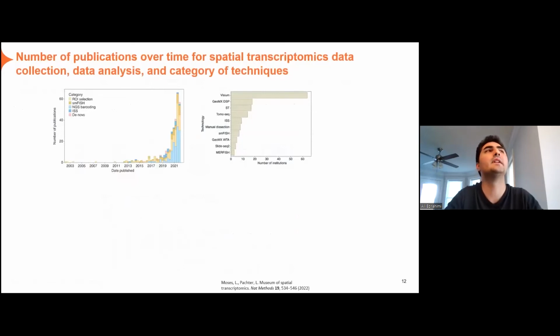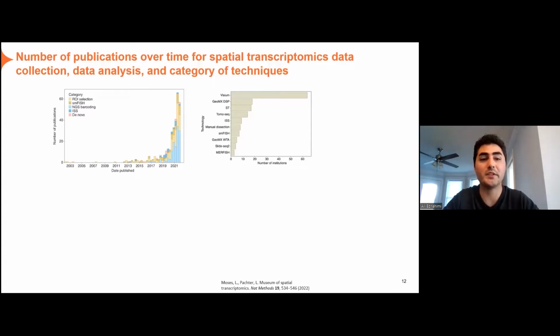In terms of how widely each of these technologies is used, 10x Visium is obviously the next generation barcoding method that is mostly used, and many institutions own this instrument. Next to that, there's another sequence-based technology from NanoString, which is also quite widely used.